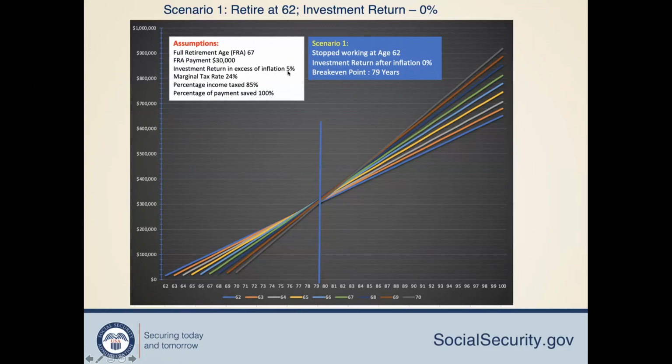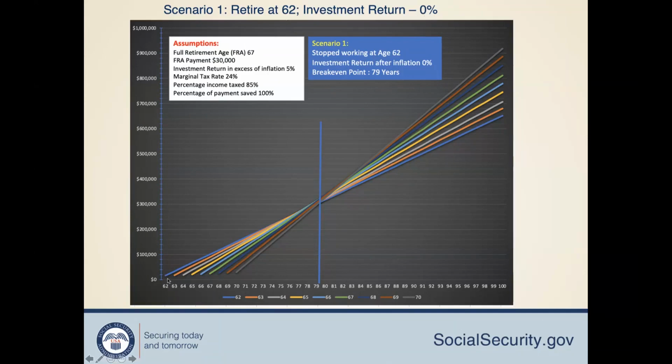Sorry, this is not 5%, this should be 0%. So basically, it means that you are just getting the social security and you are probably spending it, or putting it in a bank where you have 0% interest or something like that.